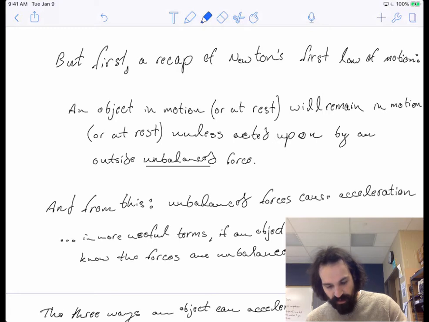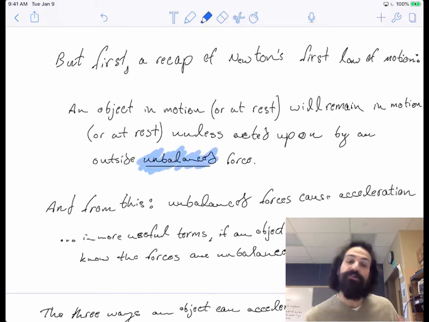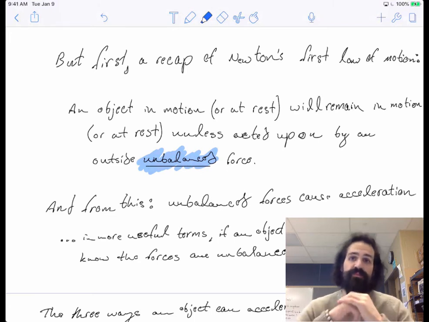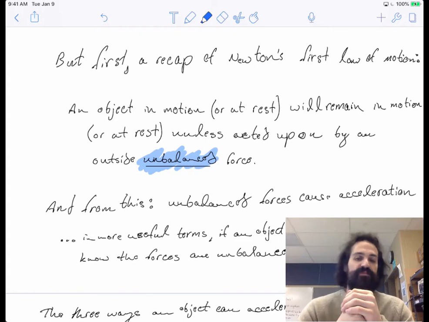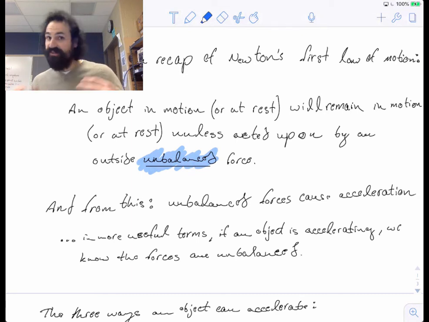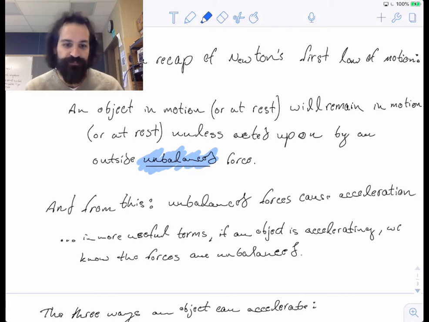So many people forget that word, and it should never, ever be ignored, because it's the most important word in the entire thing. And similarly, you could say an object at rest will remain at rest unless acted upon by an outside force. Basically, an object's motion, whatever it is, in motion or at rest, won't change unless an unbalanced force is acting on it.